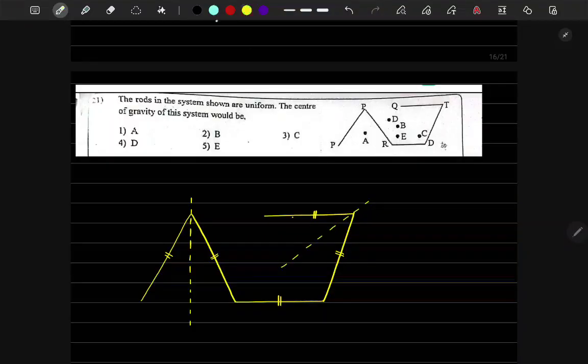If I consider this rod and this, the center of gravity of them should meet at the intersection of their axis of symmetry and the line joining their specific centers of mass. So the center of gravity of the system should be somewhere here for these two pairs.